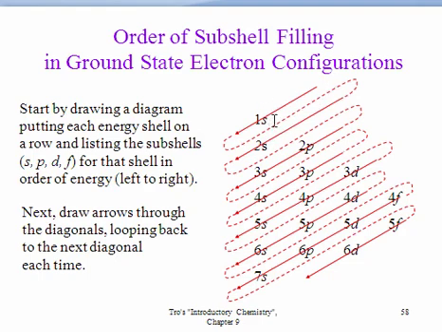So the 1s can hold 2 electrons. We'll put 2 electrons here. And then if we have more electrons, then we go to our 2s and put 2 in here. If we still have more electrons, then we go to the 2p. P can hold 6. If I have more than 10 electrons total, then I've got to go on to the 3s. This can fit 2.